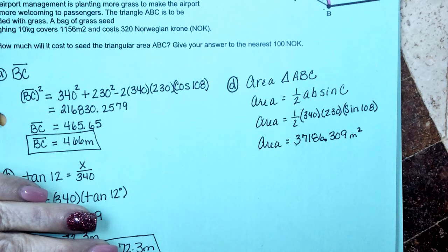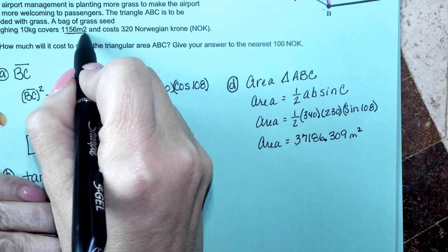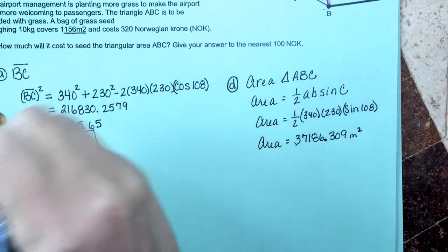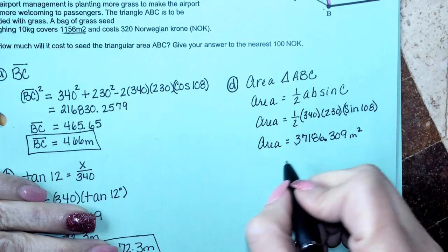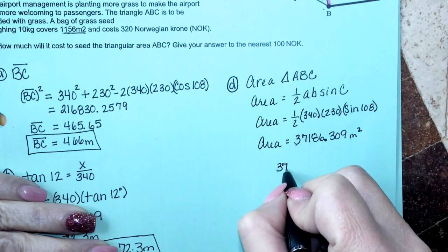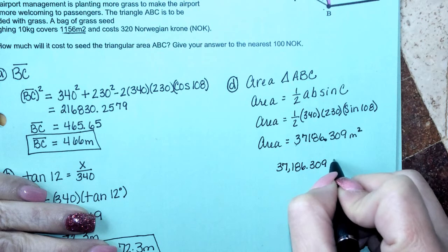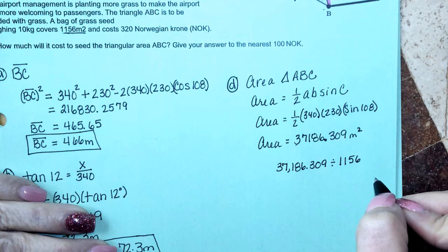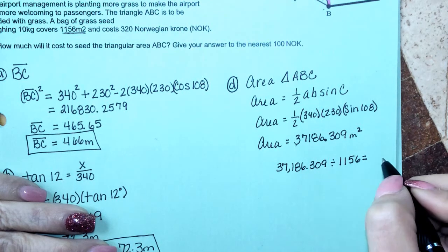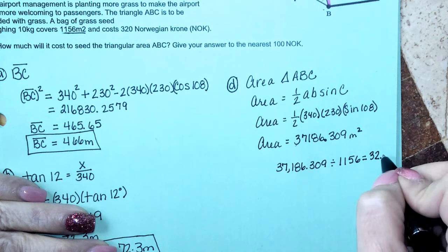The bag weighs 10 kilograms and it covers 1,156 meters squared. So if this is my total area, I divide 37,186.309 by 1156, and I get 32.168.